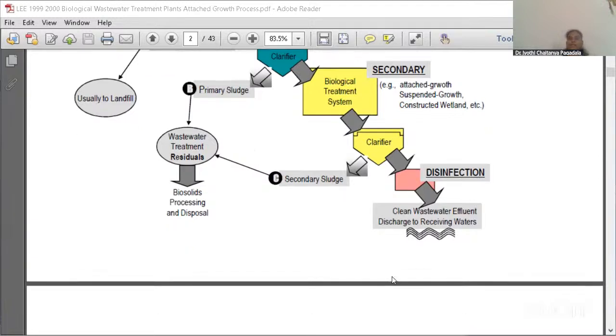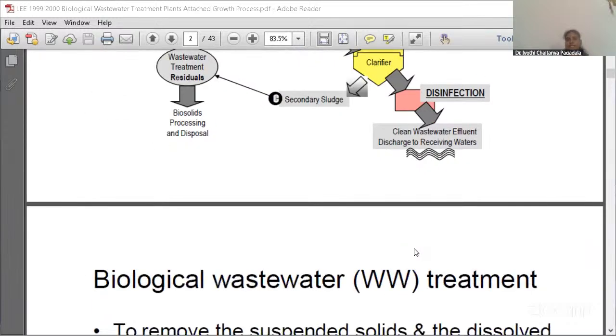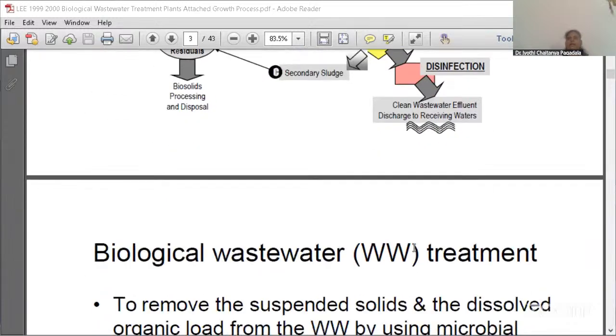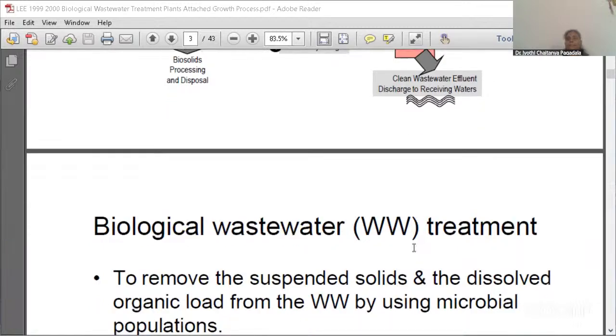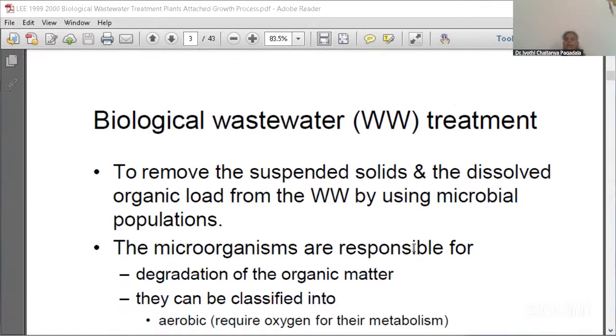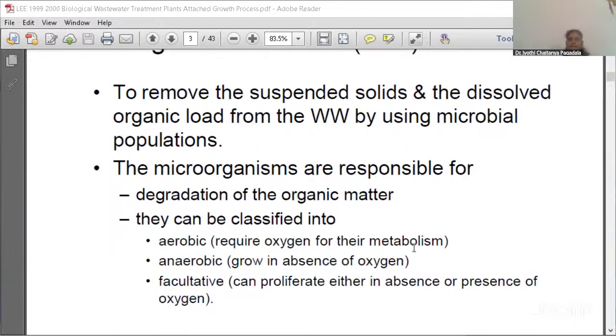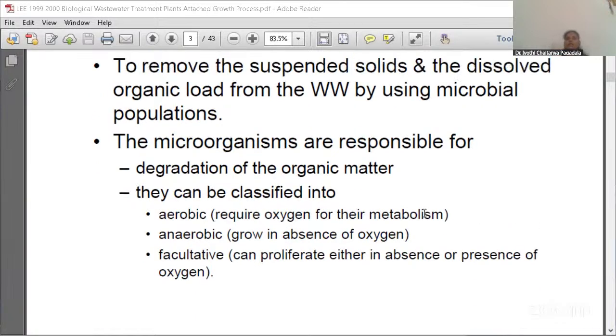The final step is the disinfection step. Clean wastewater effluent is discharged to the receivers. Biological wastewater treatment removes suspended solids and dissolved organic load from the wastewater by using microbial populations.